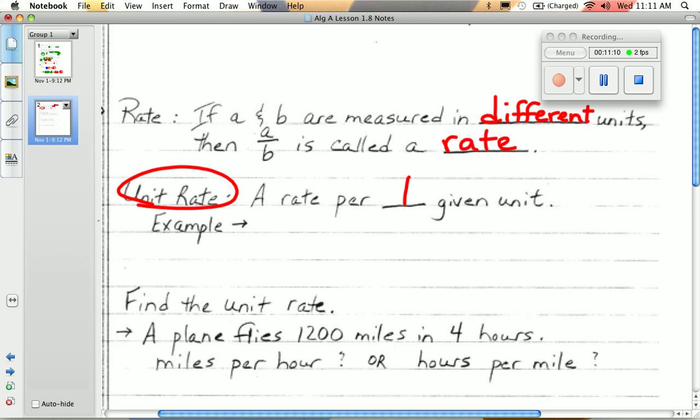The example I want us to put here is miles per hour. So we go so many miles per every 1 hour, okay? And that's typically written MPH, isn't it? We don't typically write out all the words for it.